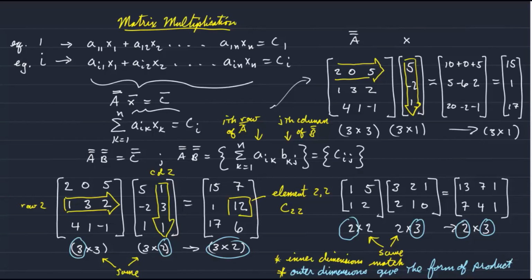Okay, so you can always check to see if it's possible to multiply two matrices by checking, when you put the two matrices together, that the two inner dimensions must match. And you always know that the product matrix has the same dimensions as the outer two.